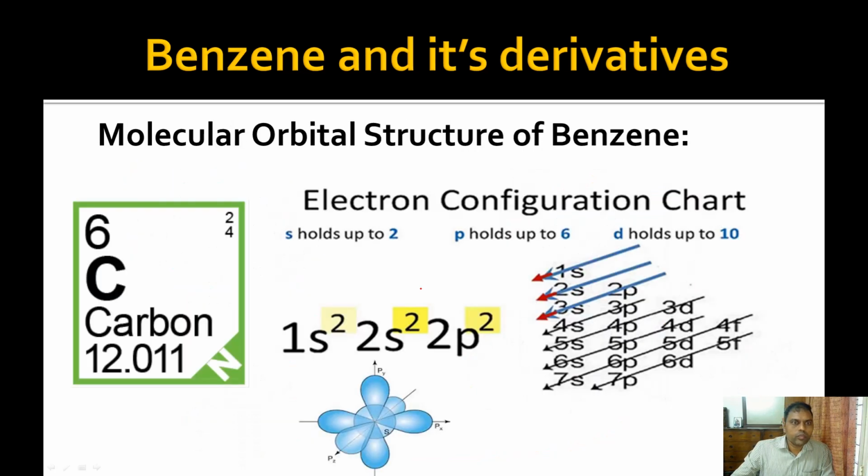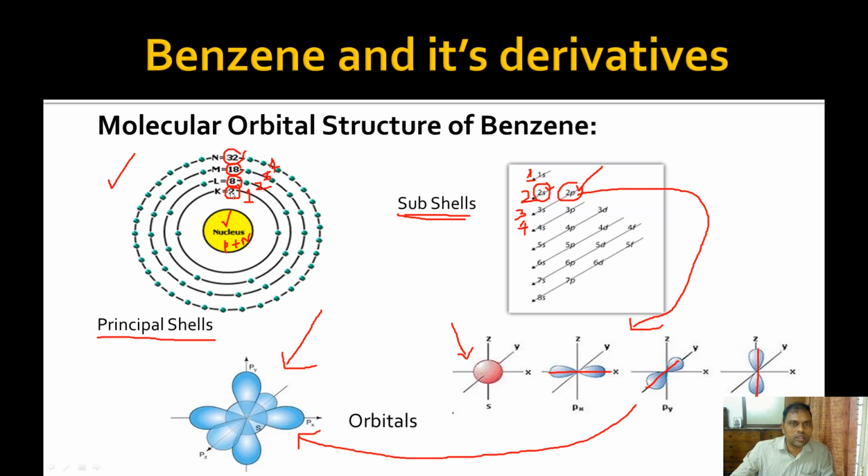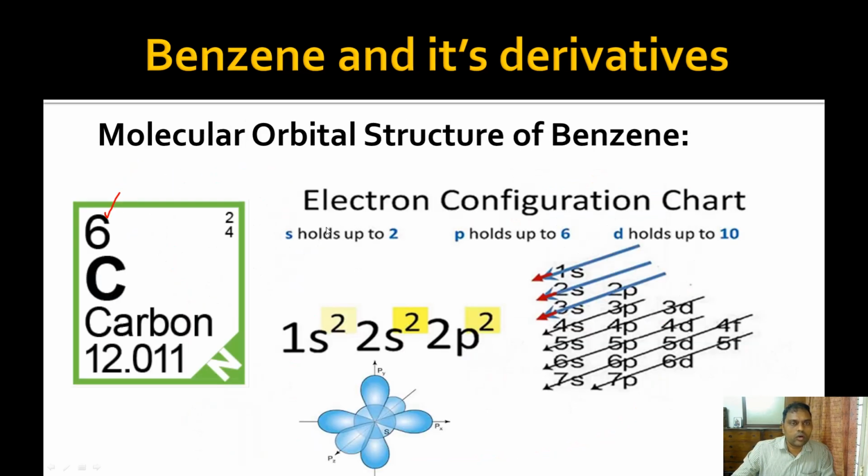Right, now in carbon, you have 6 electrons, and they are distributed like this. 2 electrons go in the first principal shell, that is in 1s.